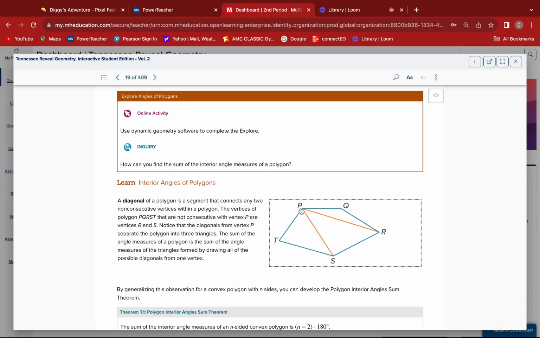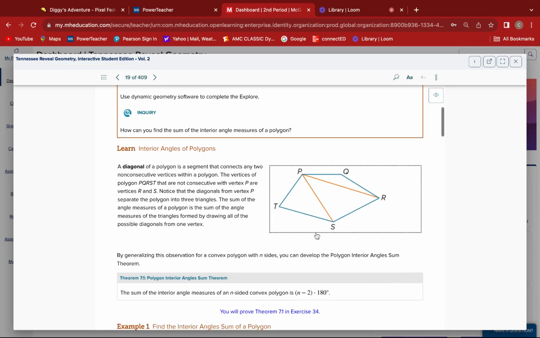PT won't work because it's the side of the pentagon. So you have 1, 2, 3 triangles. 180, 180, and 180, because it doesn't matter what kind it is. It's just going to be 180, 180, 180, no matter what the kind of triangle.